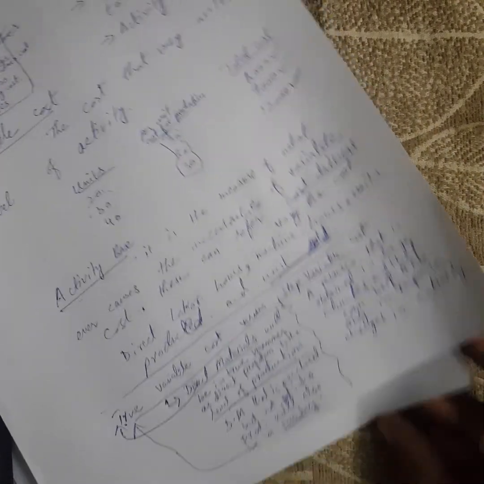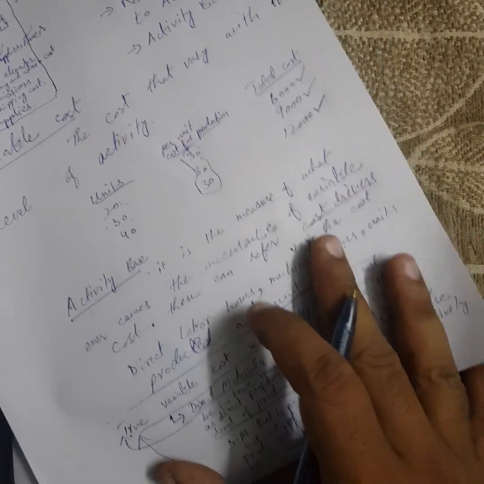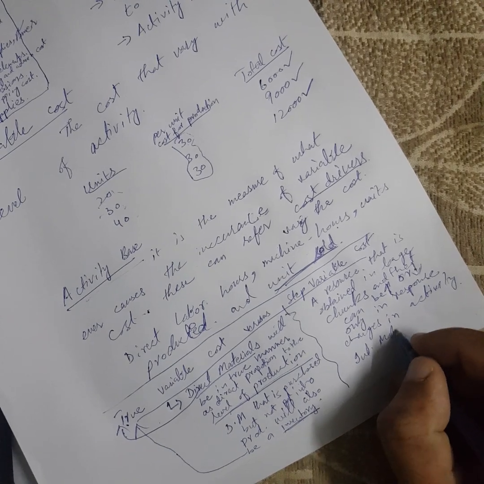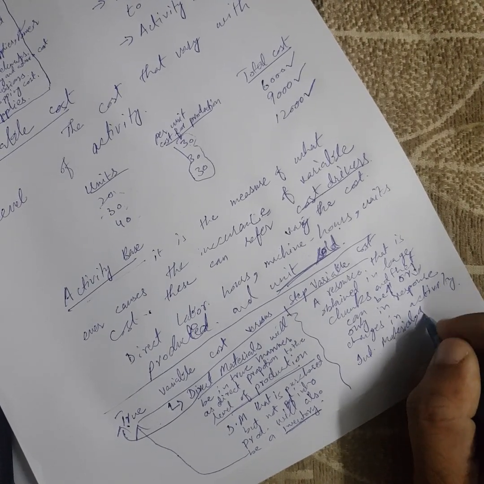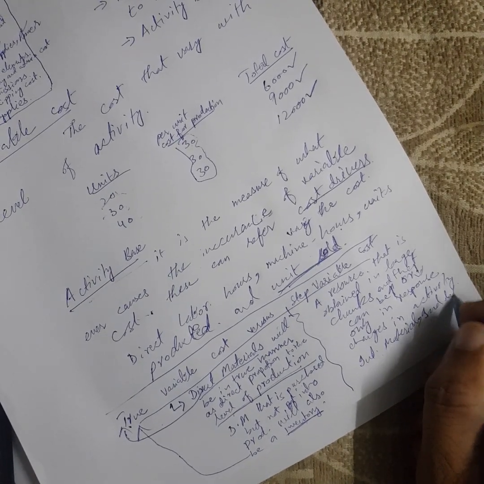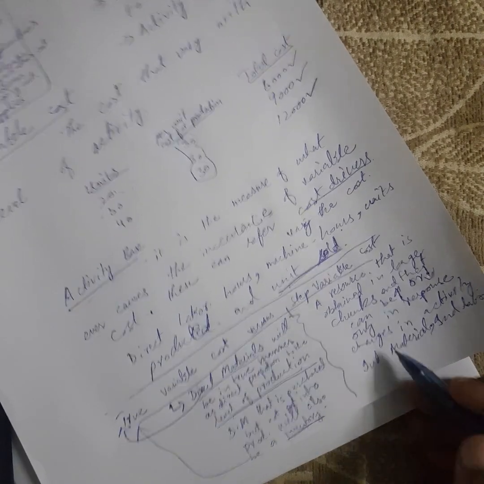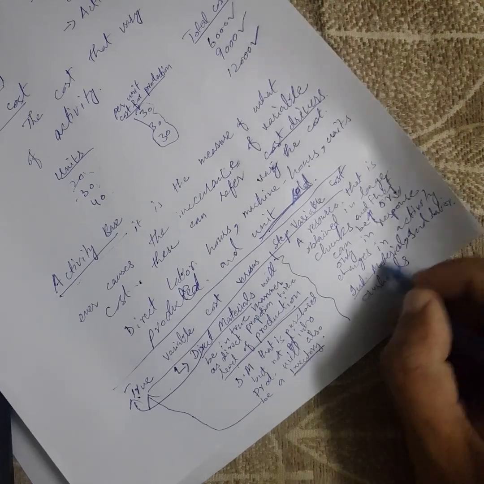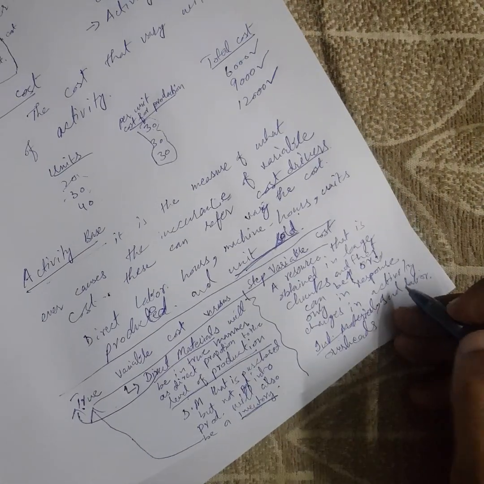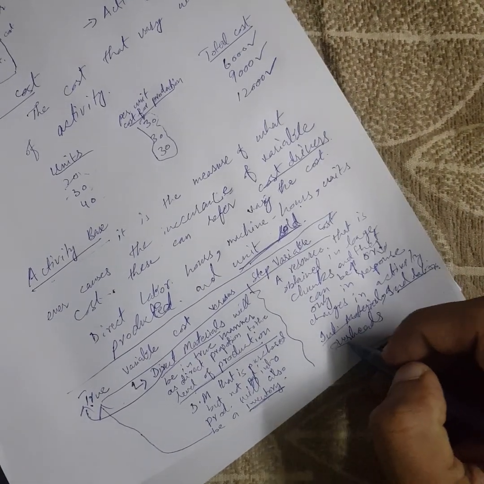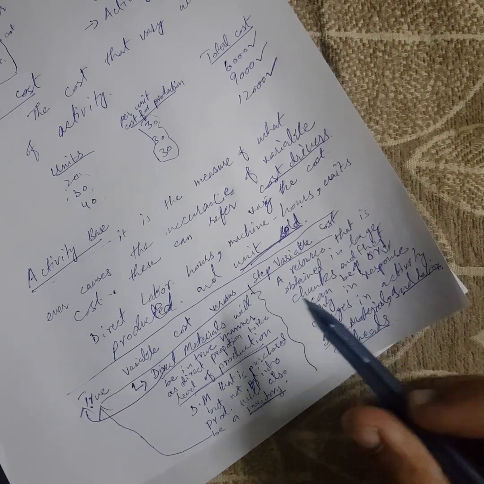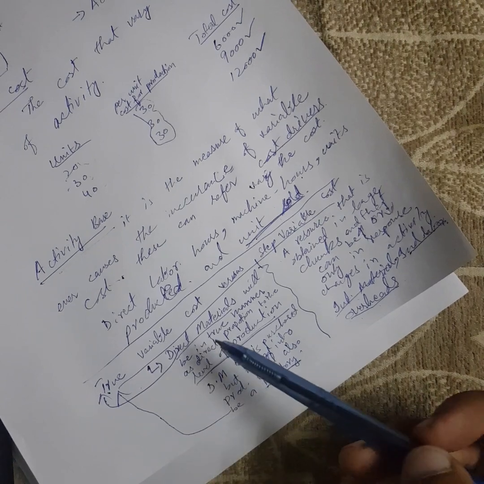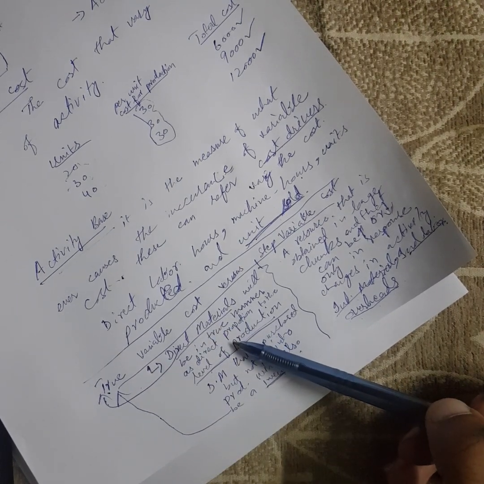Like if we say indirect material, indirect labor, and overheads, these all costs will be the step variable cost because they are relying on true variable cost.